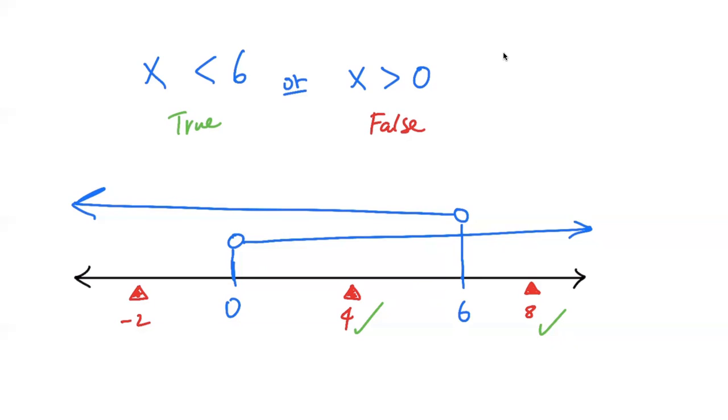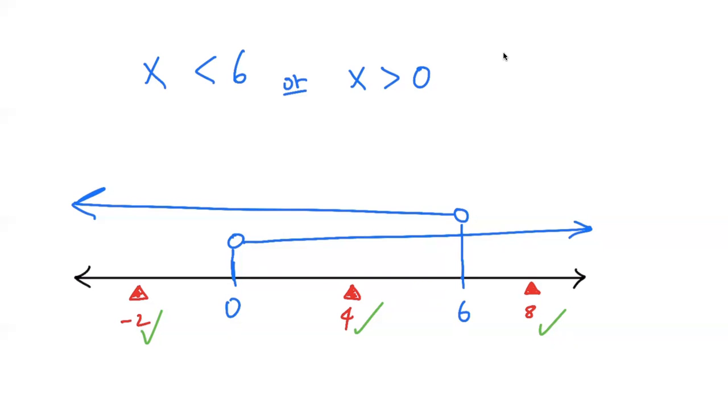So guess what? -2 is also a good one. One thing we can generalize here is that if you draw your number line and it's an or statement, whatever the arrow covers is a solution, because it makes at least one condition true.